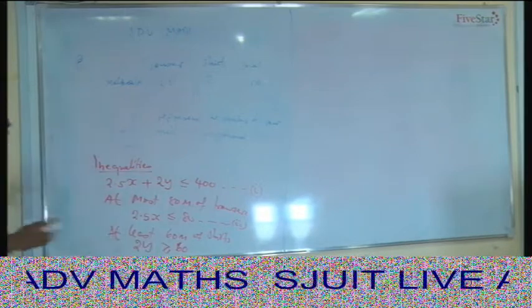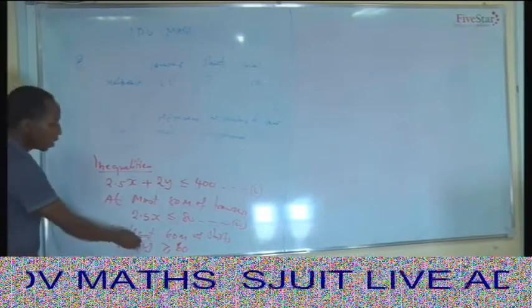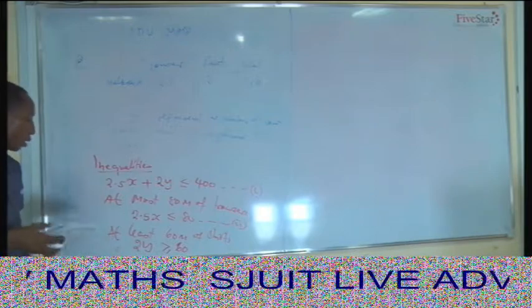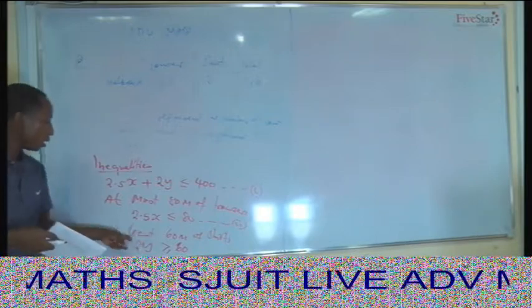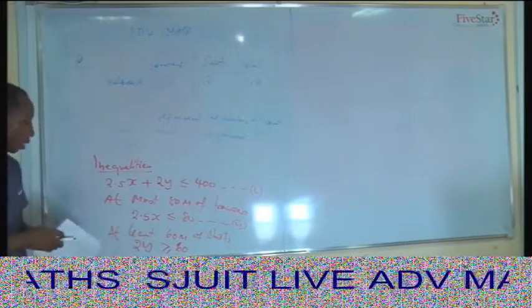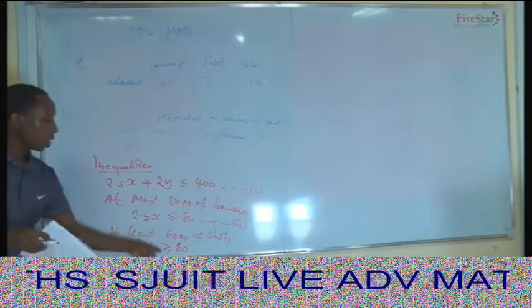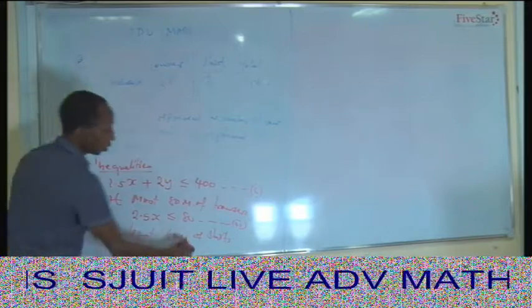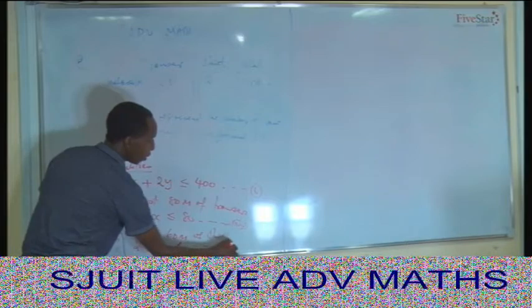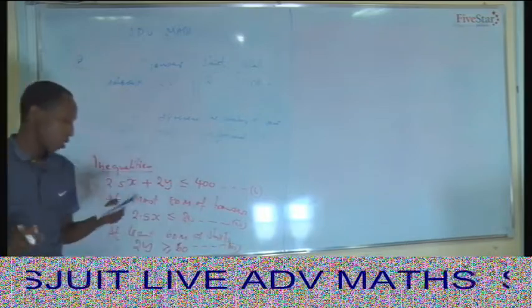We use greater or equal to because the word at least in linear programming means the least amount or the minimum value that can be used. This is inequality number 3.